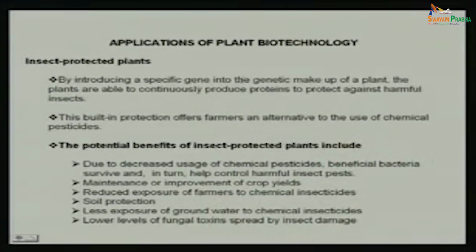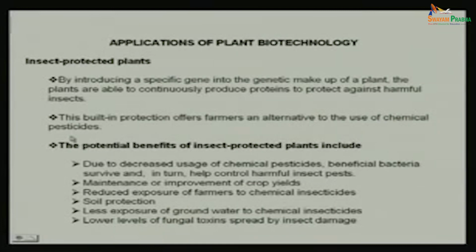It is a bacterial toxin protein. If we insert that gene into any plant system, that plant will continuously produce that protein, and when any insect comes and attacks that plant, because of the presence of that toxin inside the plant, that pest will die. So, this inbuilt protection offers the farmer an alternative to the use of chemical pesticide.